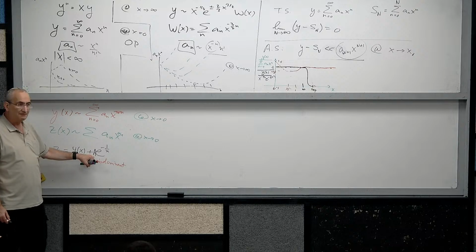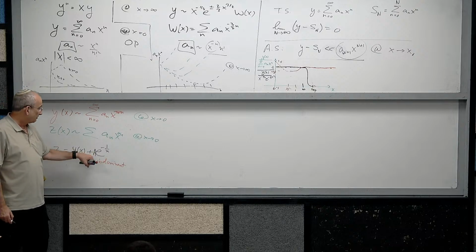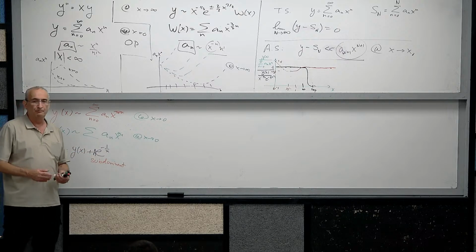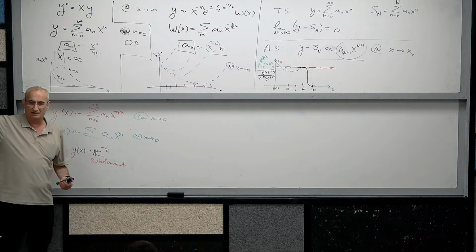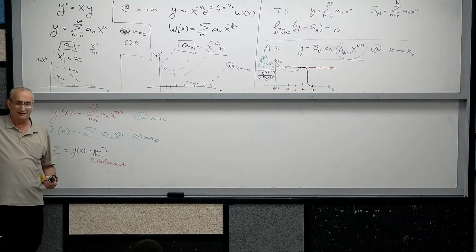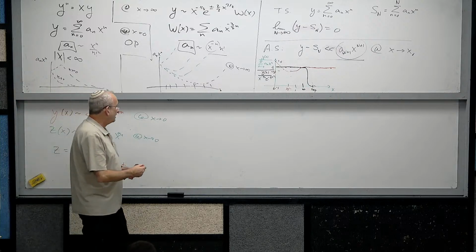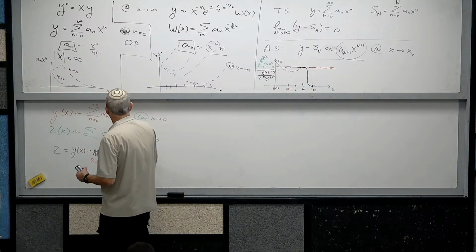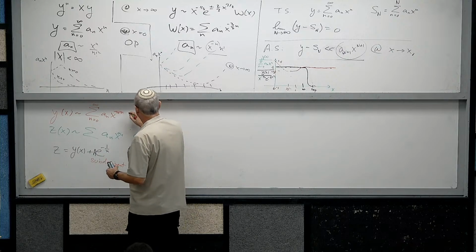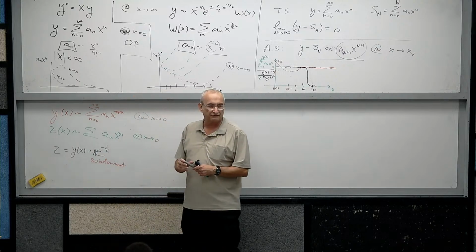So it may happen that this term will become important closer and closer to the point we are expanding around. But as I said, asymptotic series are not unique. You may have the same asymptotic series corresponding to two different functions.